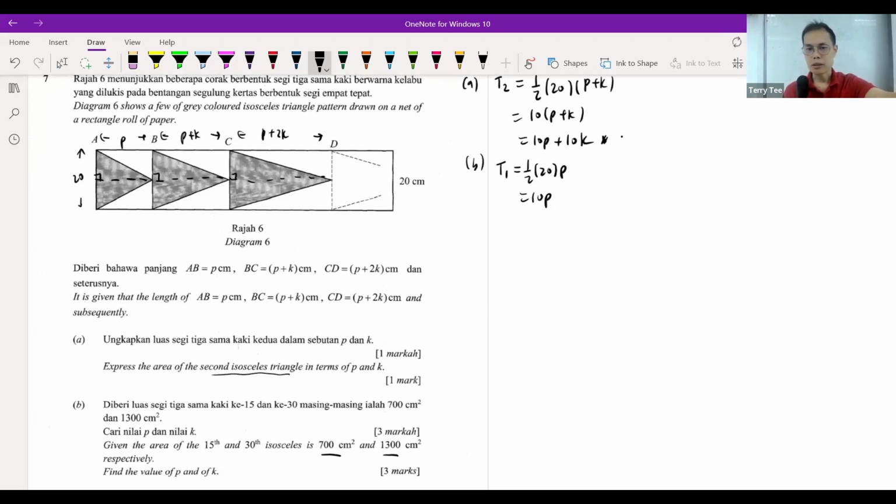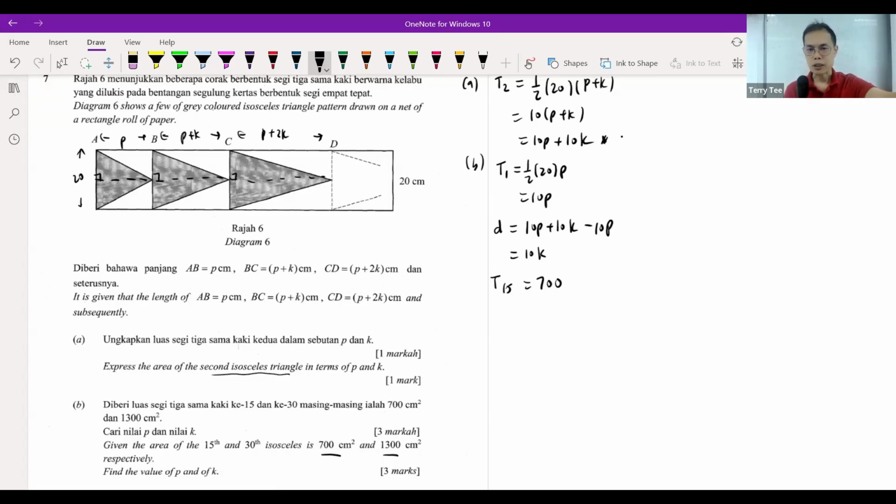We know the second already. Your common difference is T2 minus T1, the answer is 10K. I know my A, I know my D. I can find my T15, which is 700, to form the first equation.